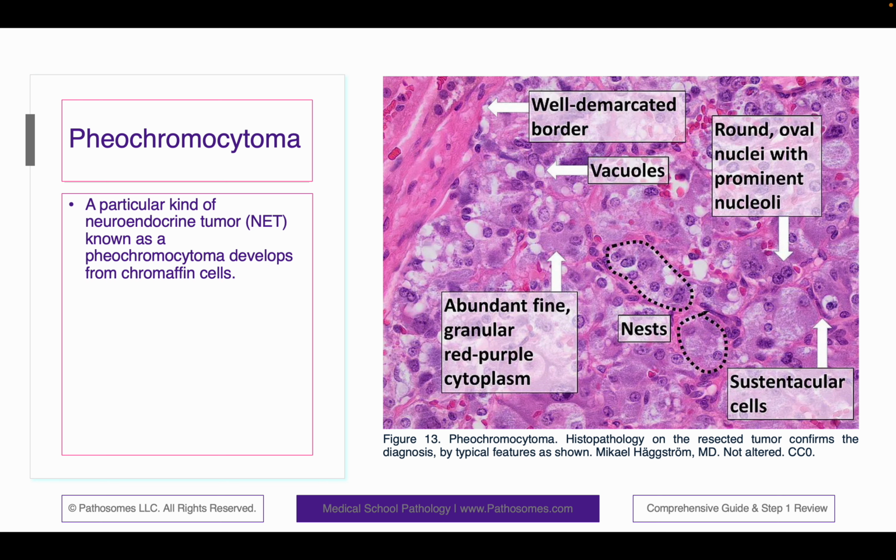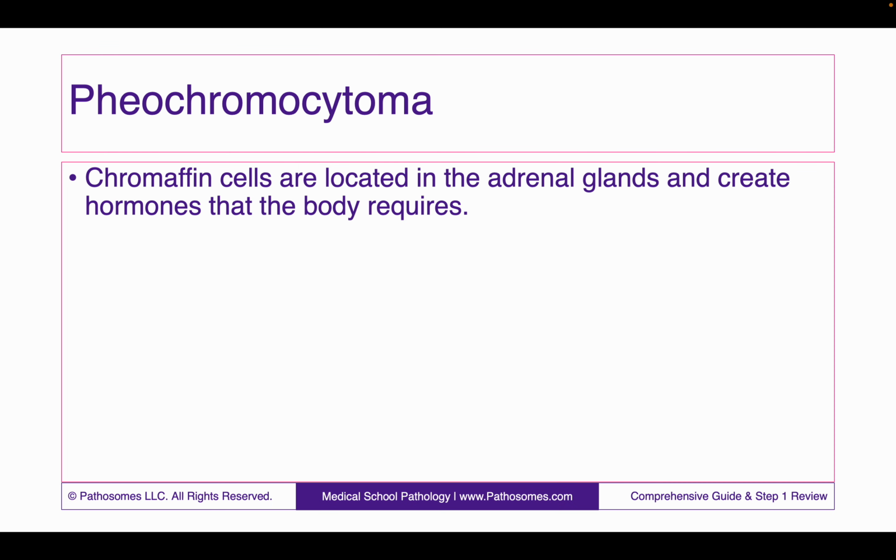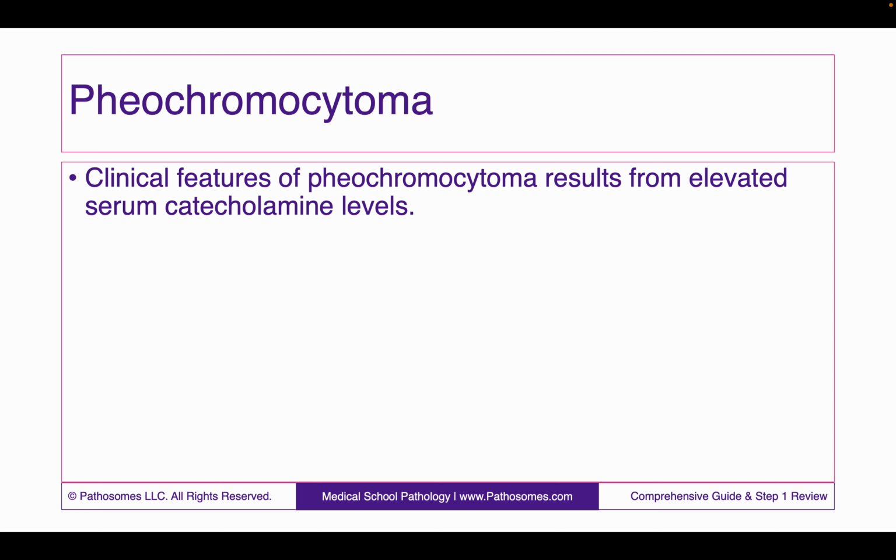To the right here, we can see the histology of a pheochromocytoma. Chromaffin cells are located in the adrenal glands and create hormones that the body requires. Clinical features of pheochromocytoma result from elevated serum catecholamine levels.